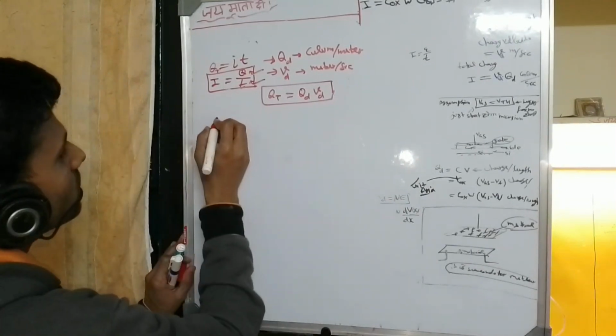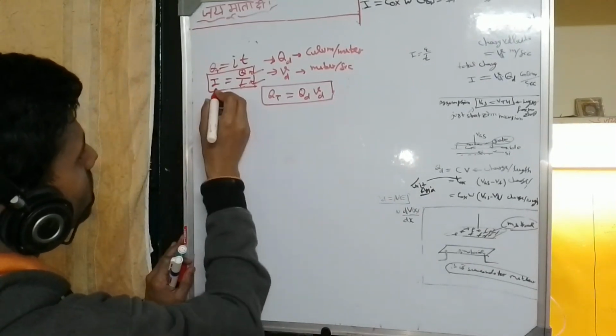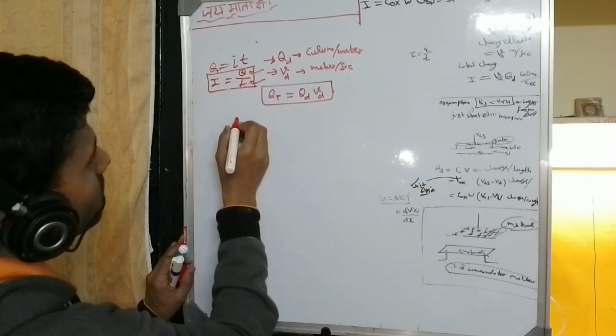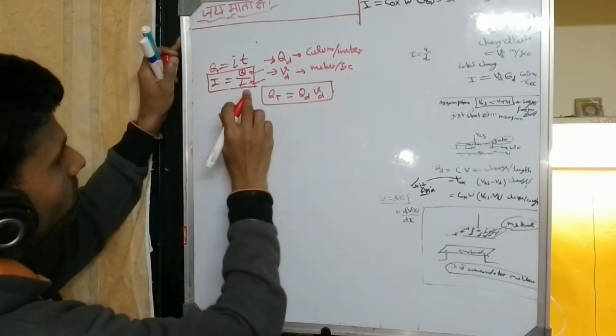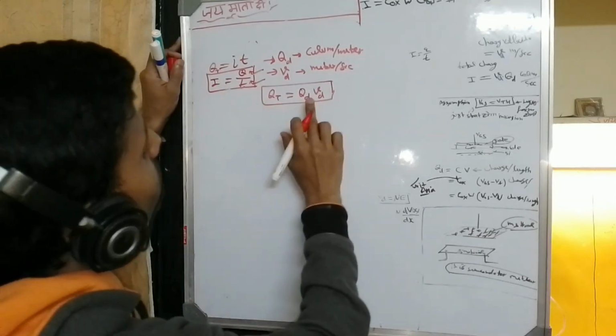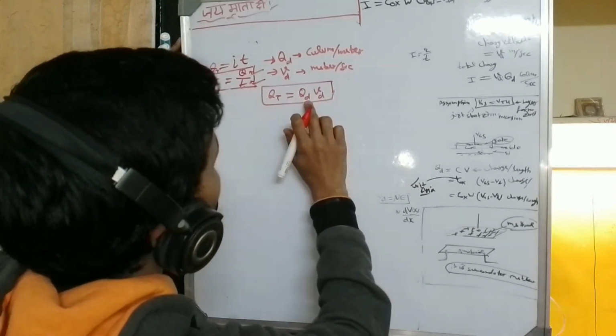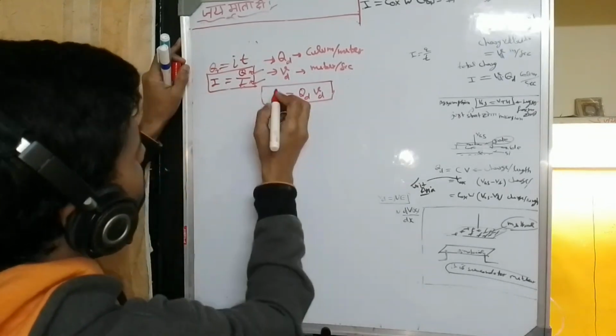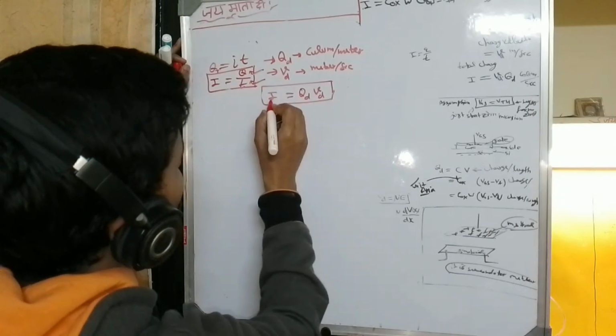So that much current appears at the moment. So what will be the current? This is the current. How?